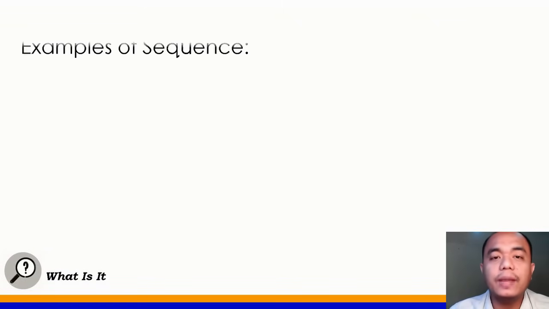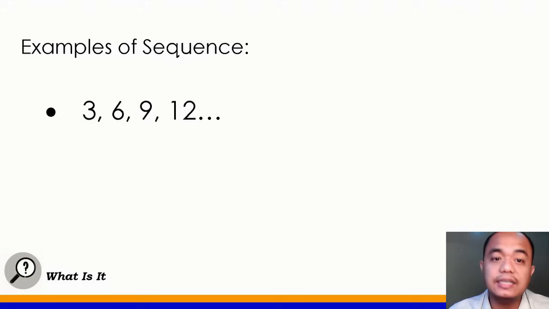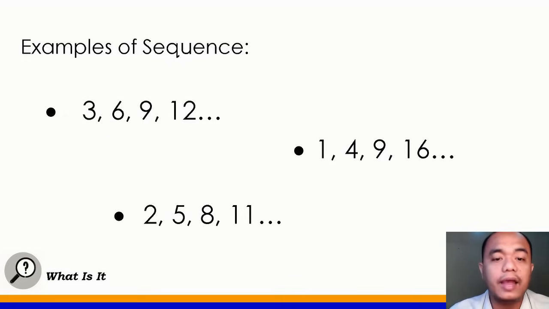Okay, balikan natin yung mga halimbawa ng mga sequences na ibinigay ko kanina. Yung 3, 6, 9, 12, 1, 4, 9, 16, and 2, 5, 8, 11. Now, there are certain patterns class to be followed to help us in formulating a rule or to give the succeeding numbers of a particular sequence, or to figure or to fill in a missing numbers in a particular sequence.